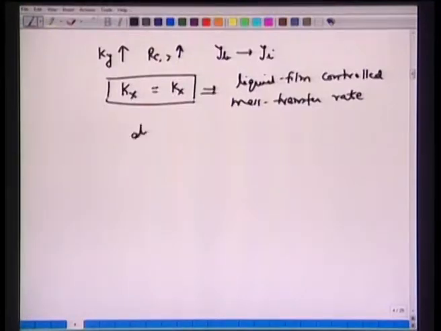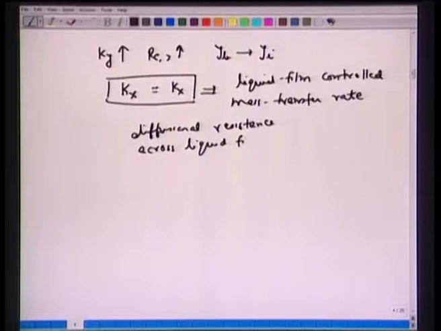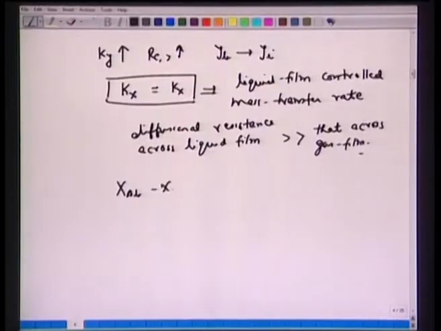Or we are saying here that diffusional resistance across the liquid film is much larger than that across the gas film. Okay, and in this case, XAB minus XA star will approximately equal XAB minus XAI, right?